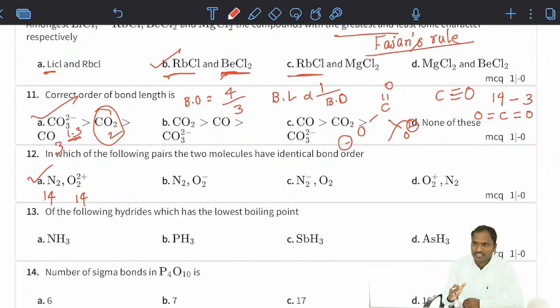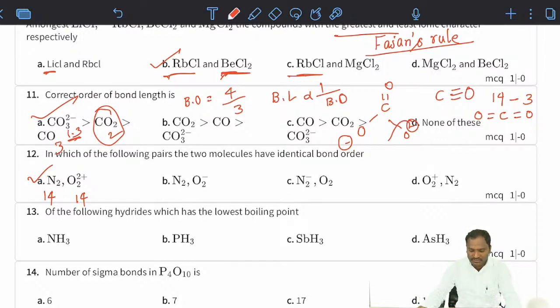Bond order is directly proportional to stability. Sometimes the bond order will be the same, for example N2 minus and N2 plus. N2 plus has 13 electrons and N2 minus has 15 electrons. Both molecules have the same bond order, 2.5 and 2.5. In that case, the one with more anti-bonding electrons is less stable, and the one with fewer anti-bonding electrons is more stable.